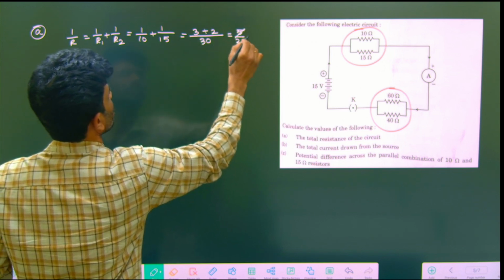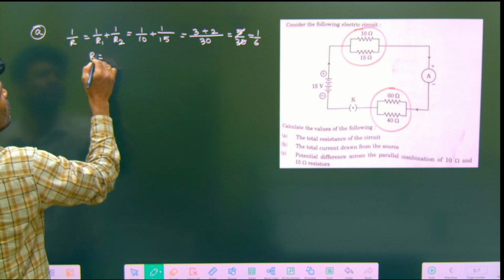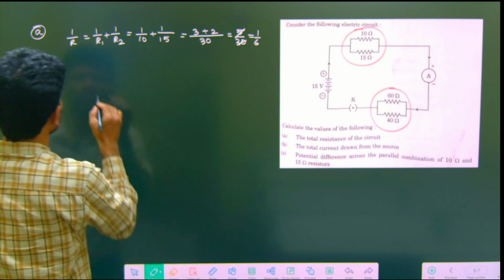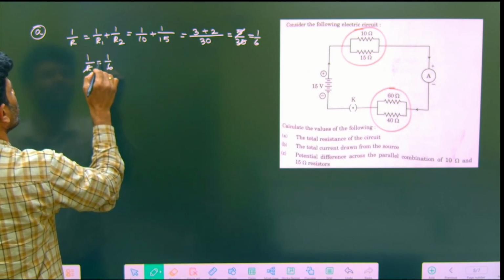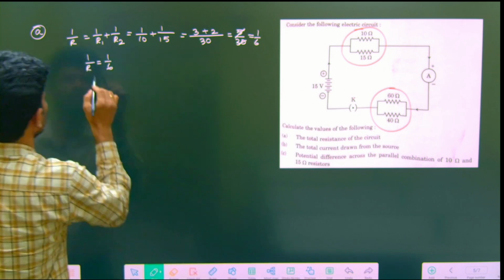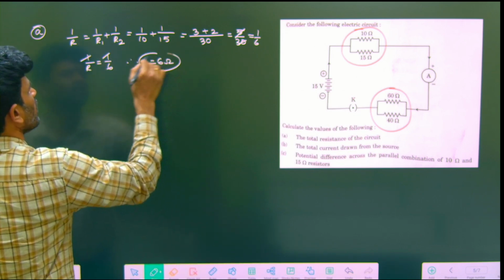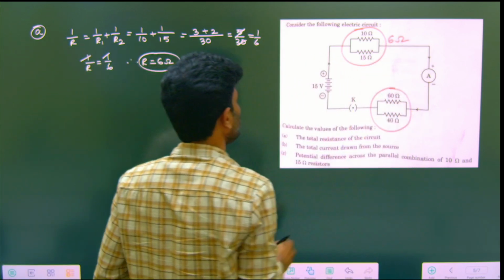After cancellation, 1 by 6. So 1 by R is equal to 1 by 6. Therefore R is equal to 6 ohms. So the effective resistance of these two is 6 ohms.